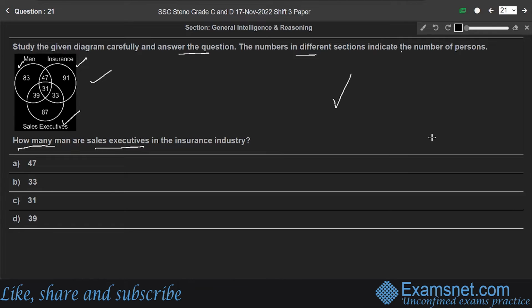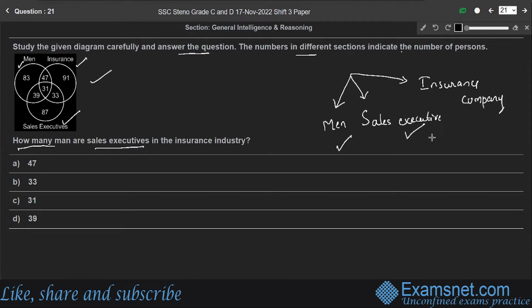So we have to consider the number of men who are sales executives and who also work in an insurance company. So the number should be included in all the three sets: men, sales executive, and insurance company.